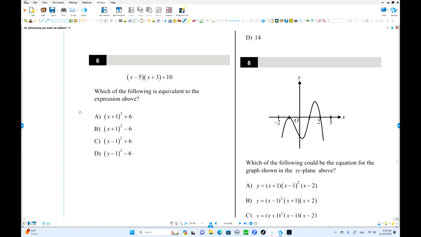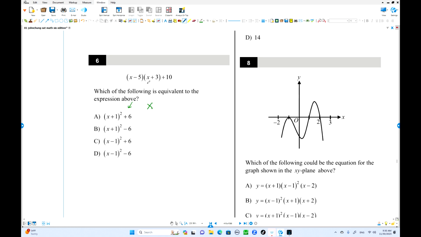Here is number 6. Which of the following is equivalent to the expression above? When you take a look over here, that is in vertex form. You're going to change this into vertex form. This 2 is what? x squared minus 5x and plus 3x minus 2x and minus 15 and plus 10.